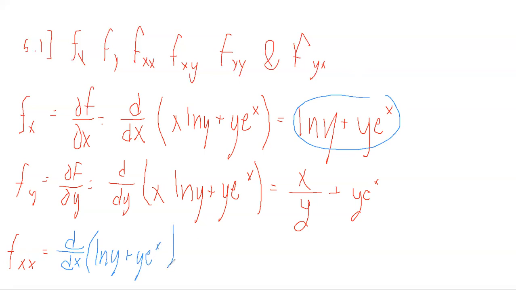And we notice that from doing this, we take the derivative of ln of y with respect to x. That becomes 0 because there's no x value in there. So that becomes 0 plus, and remember, this becomes yex because the derivative of ex is just itself. So it'll just be yex. So that's why when you see it in the answer sheet, it's just yex.